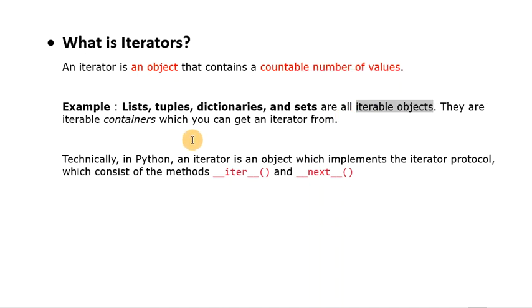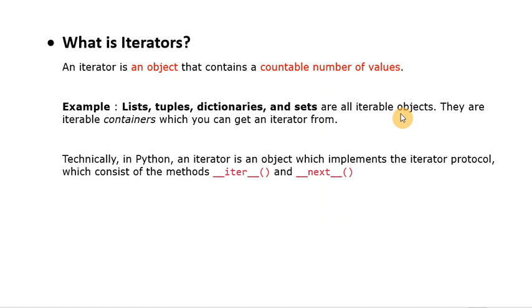Now, when we say something is iterable, what does it mean? It simply means those containers have more than one value, and we can traverse their elements one by one using a looping statement like a for loop or while loop. We can use those loops to iterate through each value of that particular iterator.